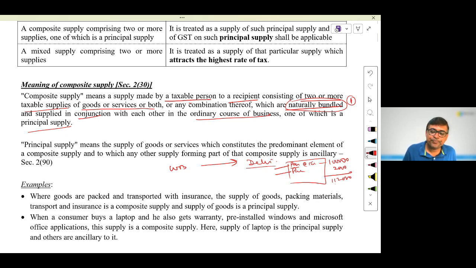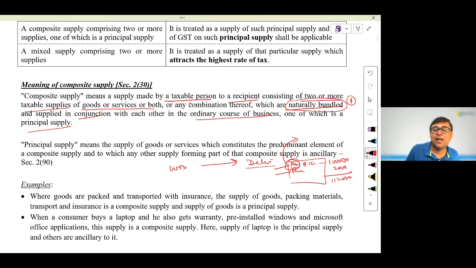Can I say that here the supply of pen is the principal supply, because all other supplies in this transaction are ancillary to this particular supply of goods?